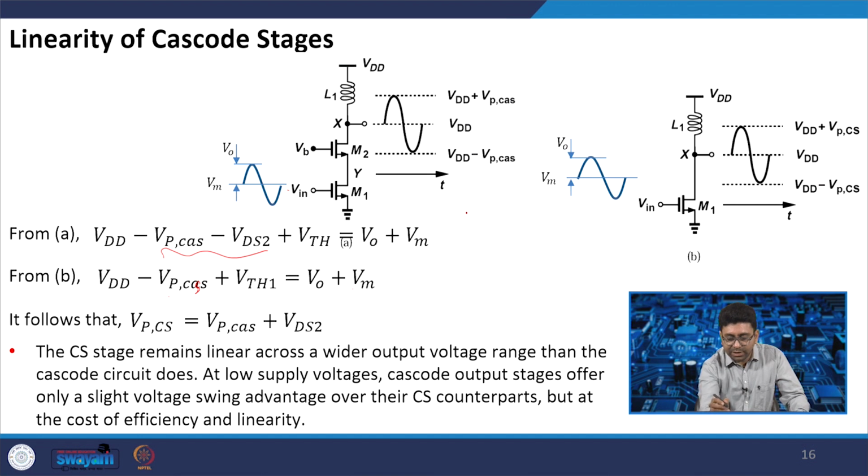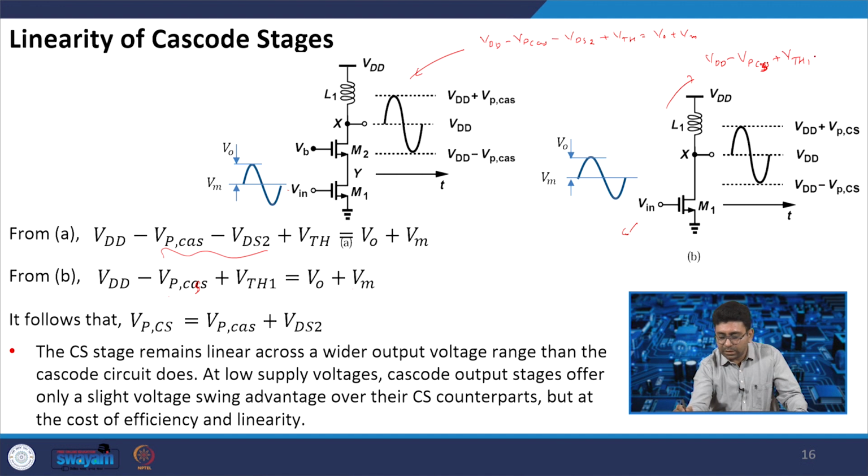So, for circuit A we can write VDD minus Vp cascode minus VDS2 plus Vth equal to this, and for circuit B we can write VDD minus Vp common source plus Vth1 equal to this. If threshold voltage 1 is the same, we get Vp common source equal to Vp cascode plus VDS2.